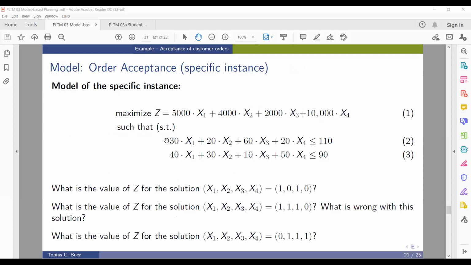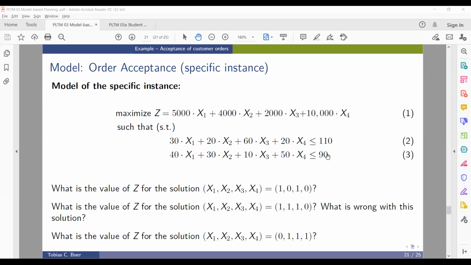Order number 2, 20 hours. Order number 3, 60 hours. Order number 4, 20 hours. And the same applies for machine number 2 and their respective capacities.